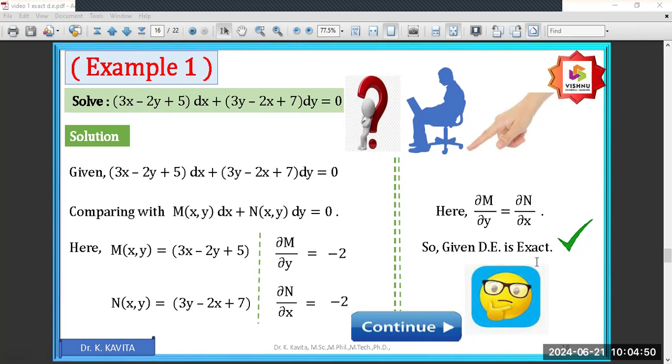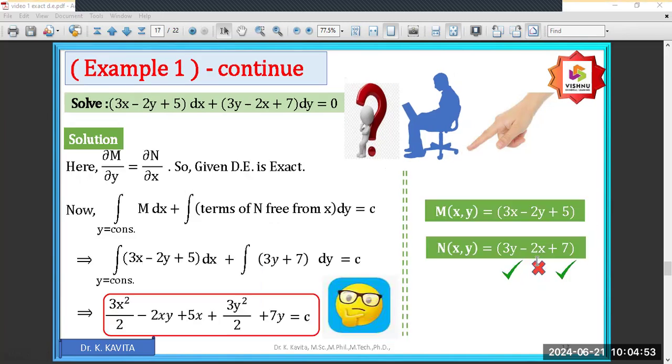After exactness, we need the general solution, which is the integral of M dx plus the integral of the terms of N free from x into dy equals c. When you integrate, we consider y as constant, so dx gives x, and 5 is also constant, giving 5x. Here the x terms are free, so there is no x term, and integrating with respect to y, we get this answer.